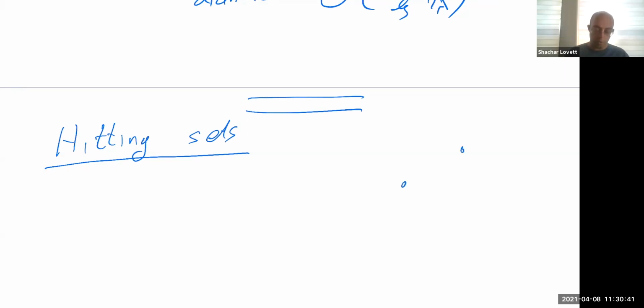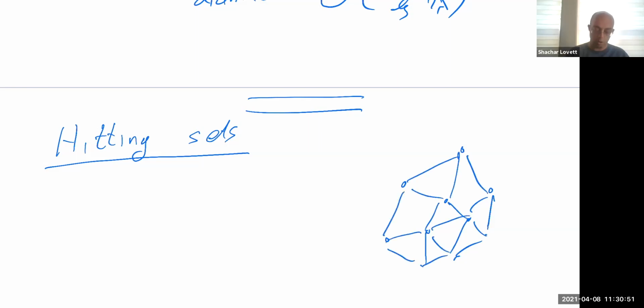So we have a graph. Let's draw this graph here. Okay, so we have a graph, and we're doing a random walk. And what we're going to ask is the following question. Let's choose a few nodes and call them bad nodes.